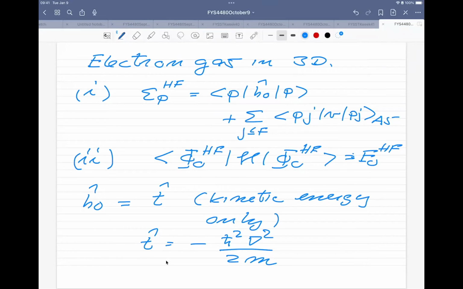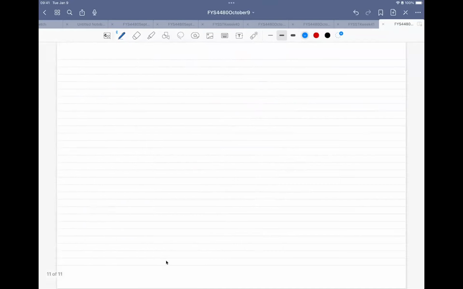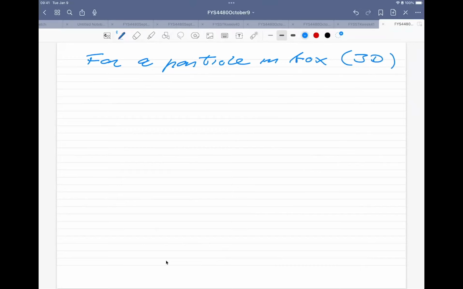You probably saw this in 1 dimension when you took physics 2140. So for a particle in a box with infinite walls, and we are going to think of this as a 3-dimensional box with infinite walls, there's only kinetic energy which plays a role.